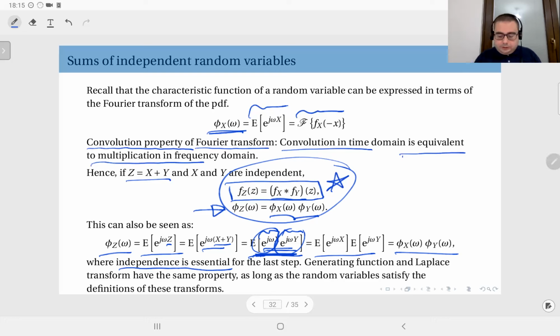And another point I would like to emphasize again: generating function, Laplace transform, characteristic function, moment generating function, this property works with all of them as long as the distribution is suitable. For instance, if you have a discrete distribution defined on the set of natural numbers, you can make use of generating functions in this context. Or if you have a continuous distribution which is non-negative, you can do this using the Laplace transform of the PDF, and so on. Okay, so I will give you examples now.